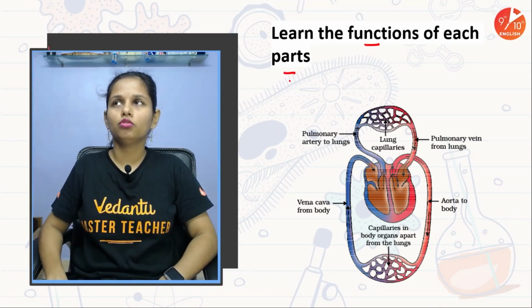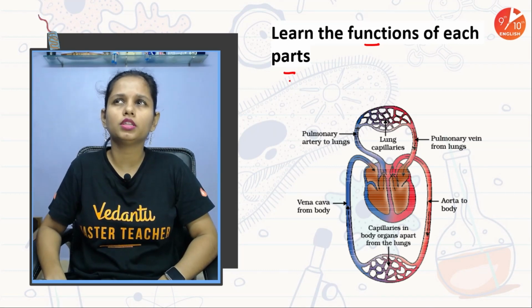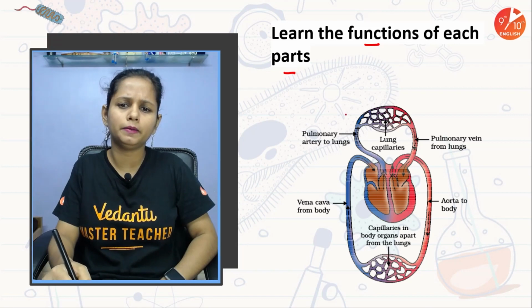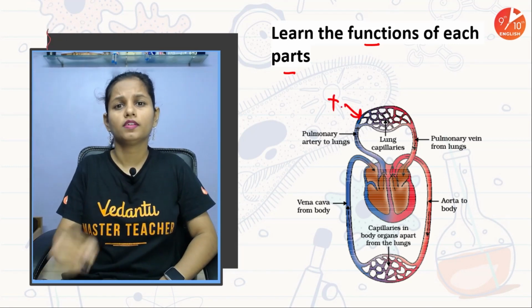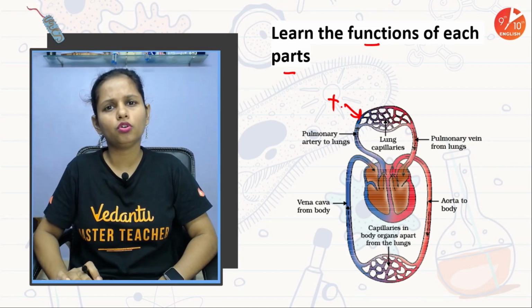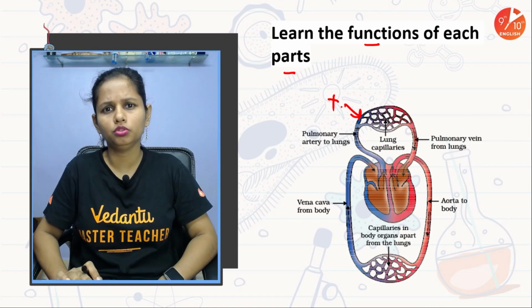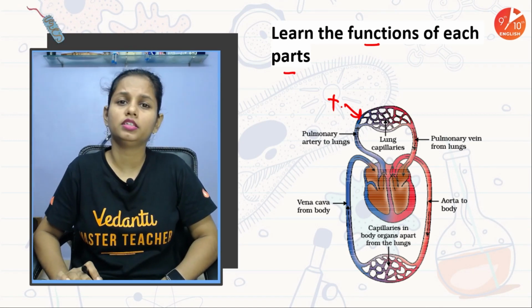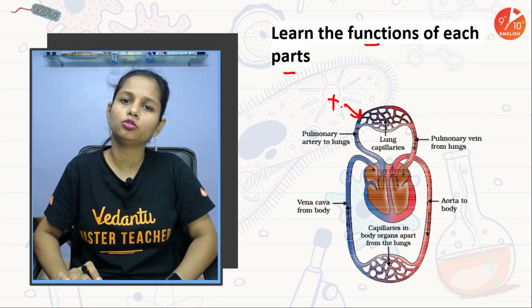Okay, so in the examination they might ask you certain questions like there is a part given as maybe X, identify its correct function. So there are options: it supplies oxygenated blood to all parts of the body, it supplies deoxygenated blood to the heart, it carries deoxygenated blood to the lungs, it carries oxygenated blood back to the heart.